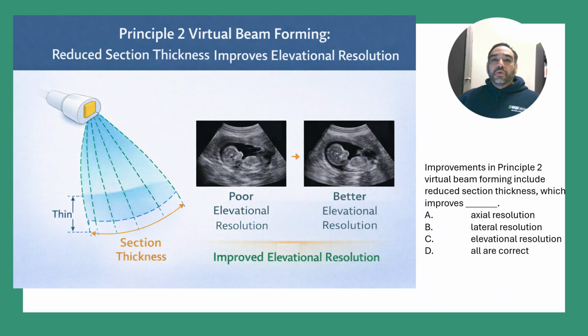So only elevational resolution is improved. Axial and lateral resolution are controlled by completely different factors. So a good way of putting all this together, axial, think pulse length, lateral, think beam width or in the plane. If we're talking about elevational, think section thickness or out of plane. And again, since this question mentions reduced section thickness, the answer must be elevational resolution.